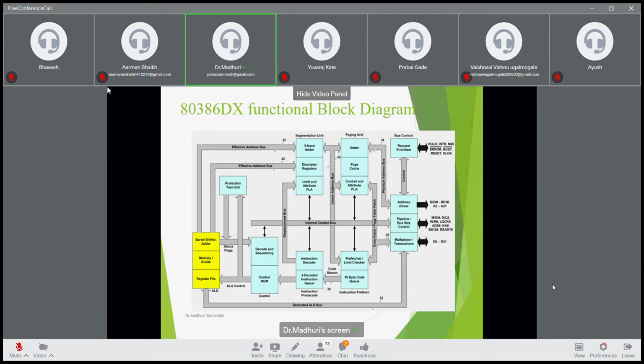Now here first is the bus interface unit. काय असतं bus interface unit? In the bus interface unit you have the different drivers, then the trans receivers are there. Madam, trans receiver काय असतं? Why is it required?